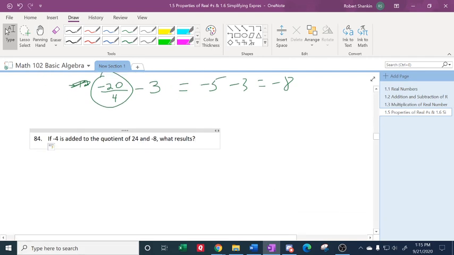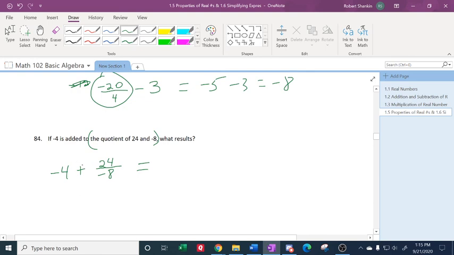Okay, so this one, I'm going to look at this way. Negative 4 is added to the quotient. This is all one big phrase together. The quotient of, which means the result after division. Now, these are two separate terms.